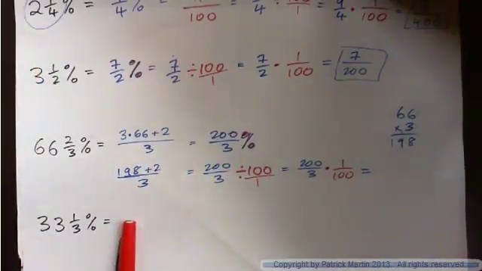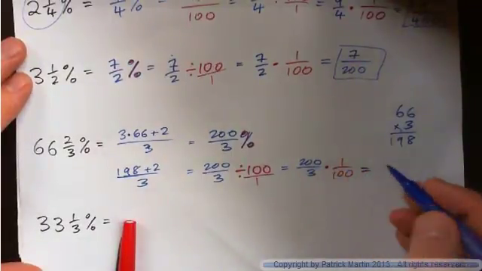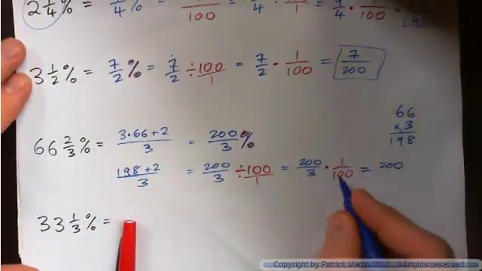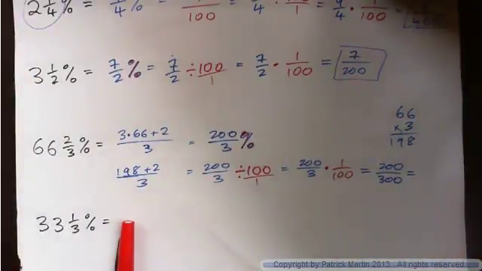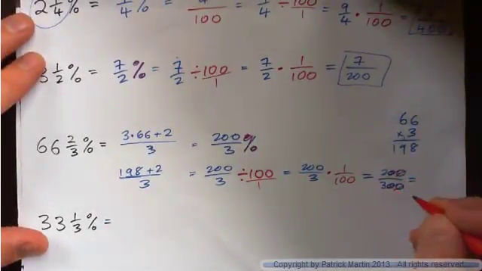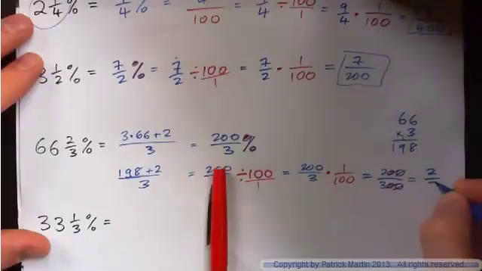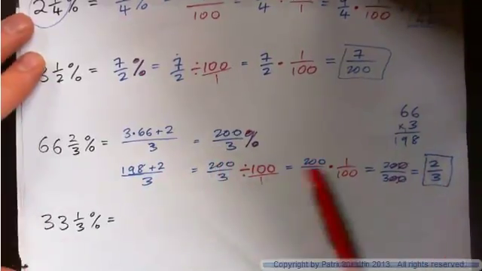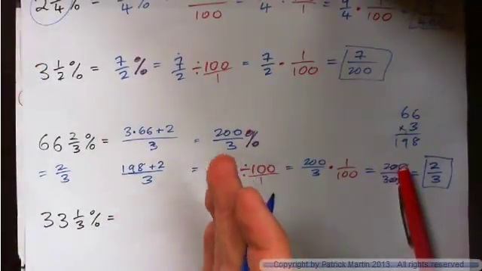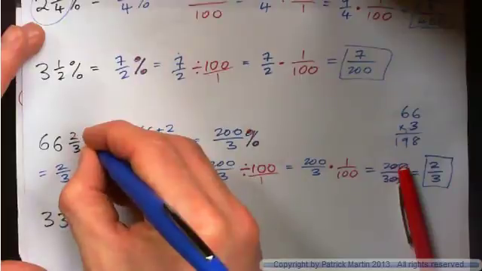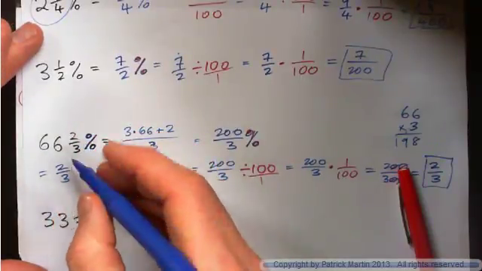Now if you multiply the tops and then multiply the bottoms, what do you get? 200 times 1, 200. 3 times 100, 300. Now put that in lowest terms. The zeros cross off, right? And you just get 2 over 3. 2/3. So 66 2/3% is 2/3, the number. Okay, this is 66 2/3%. Which becomes the number 2/3.